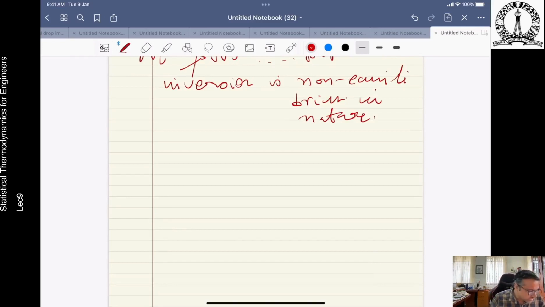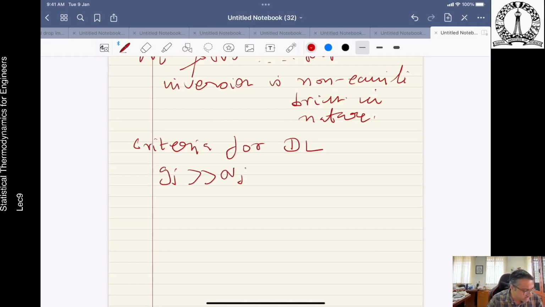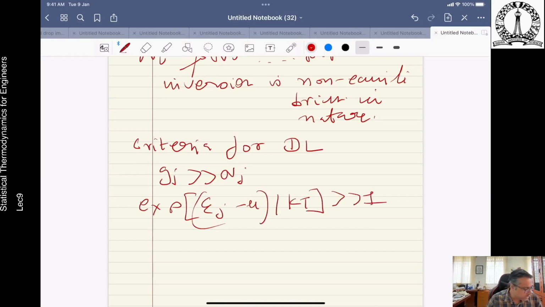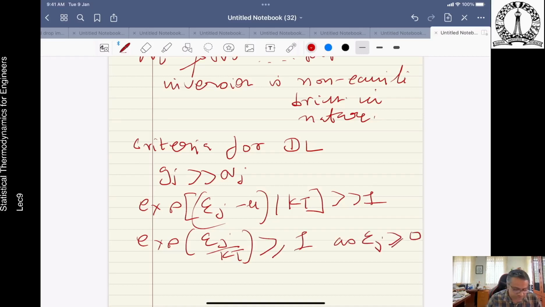So the criteria for the dilute limit is, one, of course, Gj being much greater than Nj, and exponential of (Ej minus mu) by Kt is much greater than 1. That means exponential of Ej by Kt is greater than or equal to 1, as Ej is greater than or equal to 0.